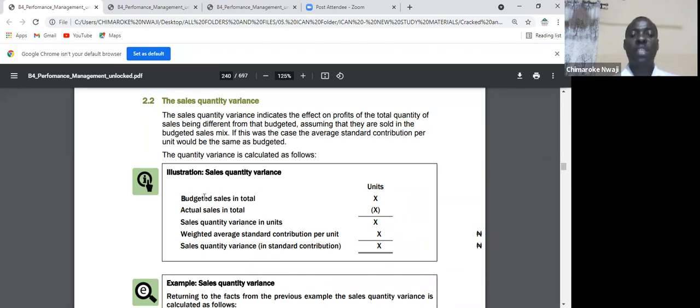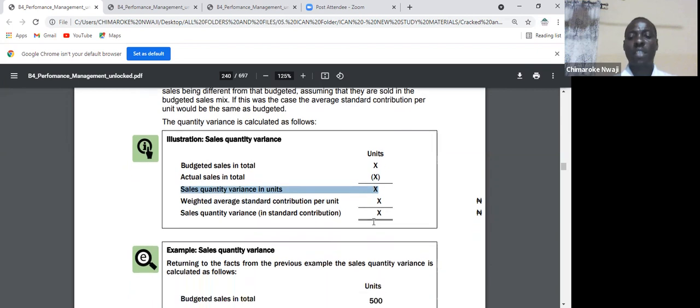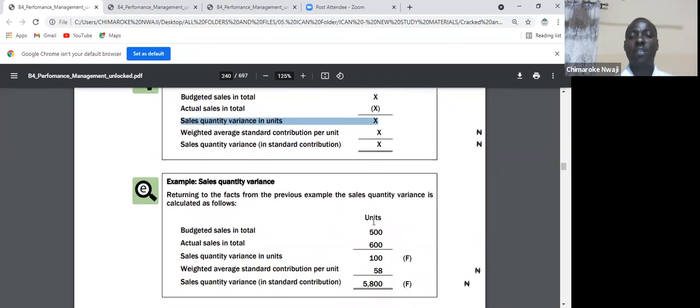Budgeted sales in total was 500, actual sales in total is 600. So now you have sales quantity variance in units. So let's see how they did it here. Sales quantity variance in units is 100.